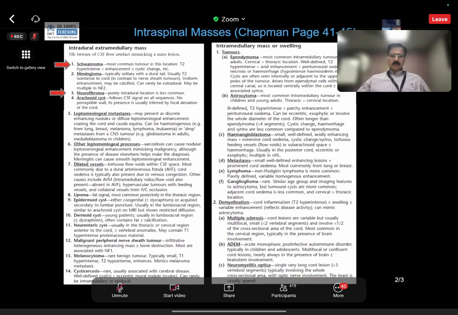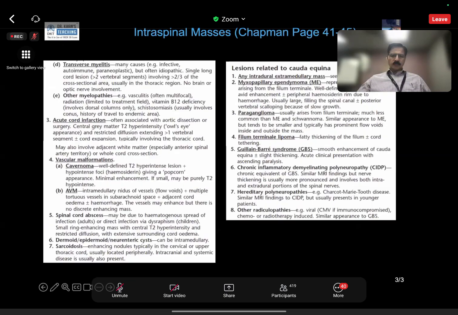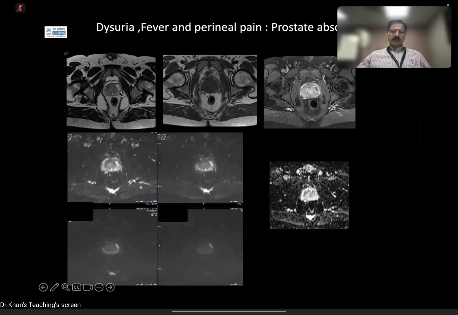So the key point here is that I'm showing you another case. This is not the case which I showed you, but just to make a point. Look here on a T2 weighted sequence.